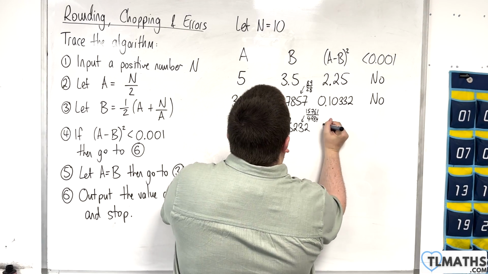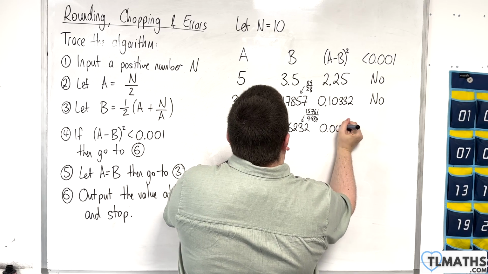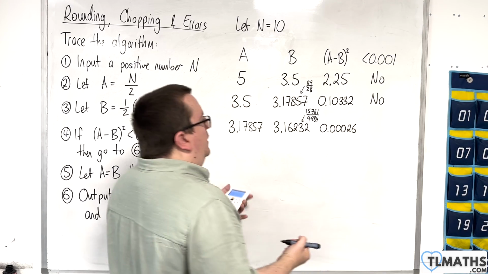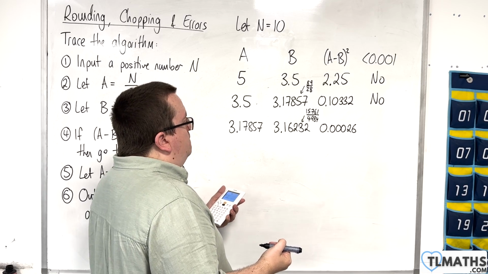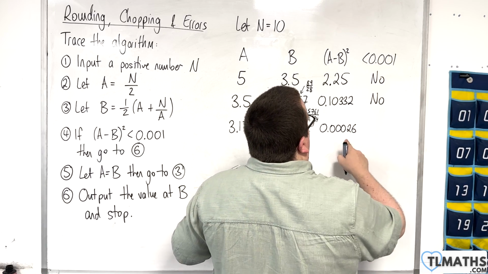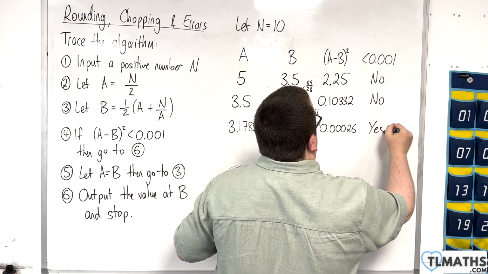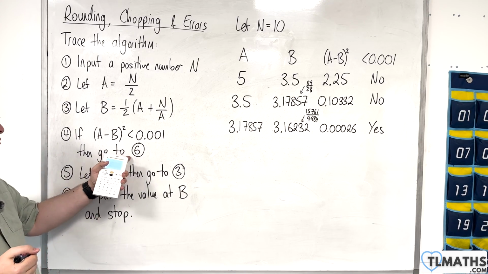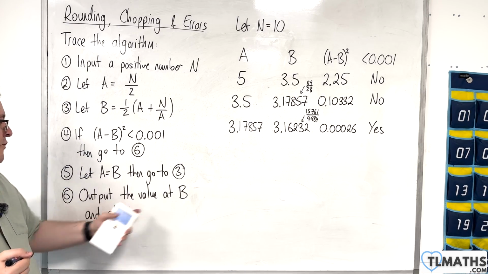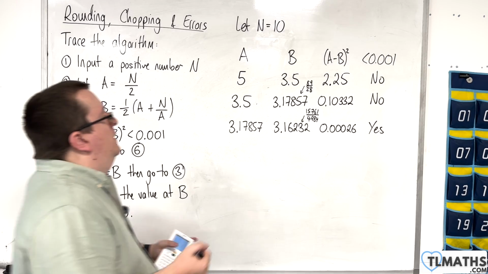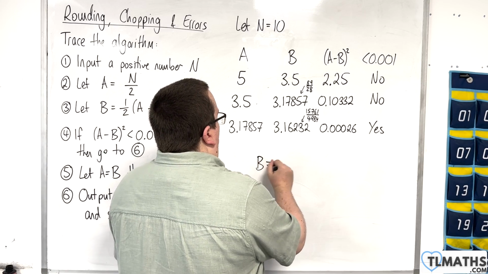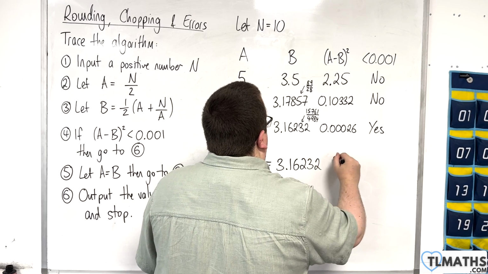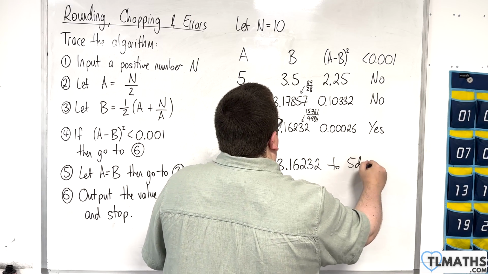So that's going to be 0.00026 to 5 decimal places, which is less than 0.001. Okay, so we actually go straight to step 6 now, output the value of b and stop. So b equals 3.16232 to 5 decimal places.